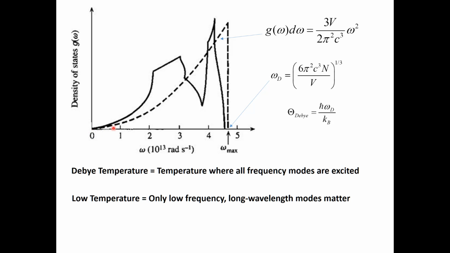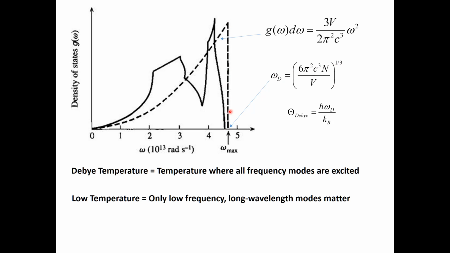And the dashed line is the result from the Debye model. If I use the Debye model, I will have g of omega d omega equals some constants times omega squared. So this is a parabolic shape, and it gets cut off at the Debye frequency.